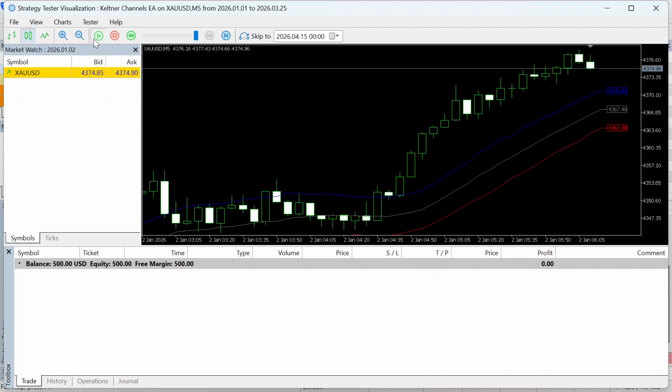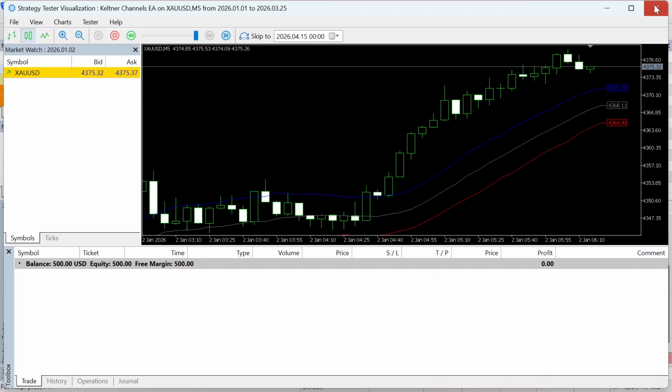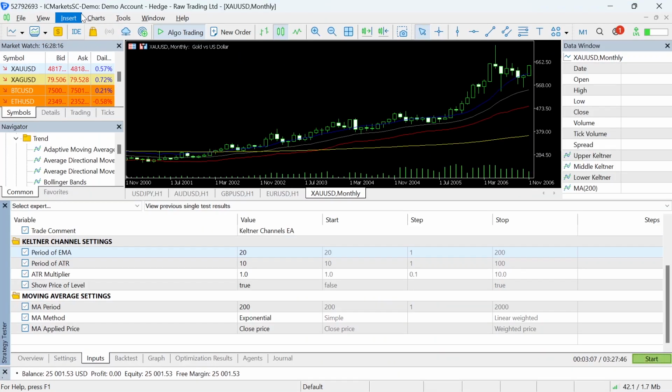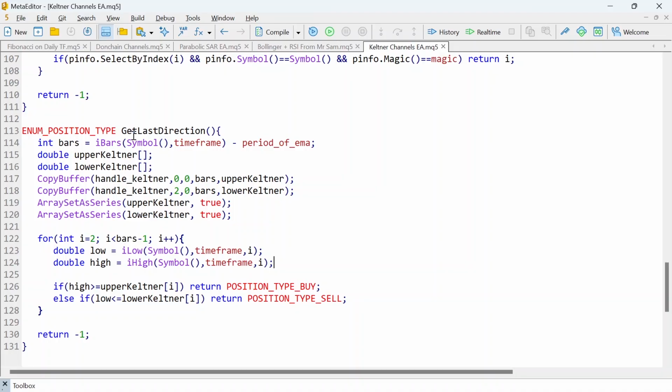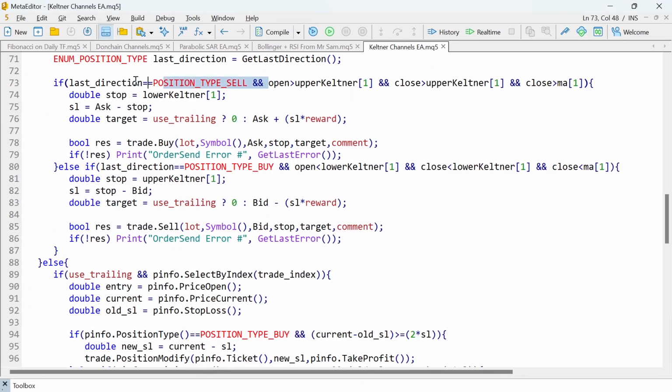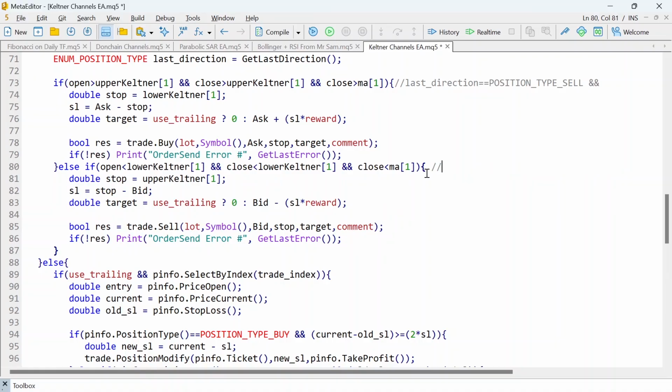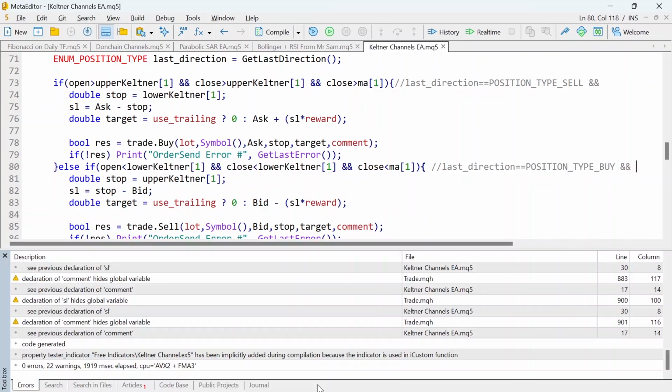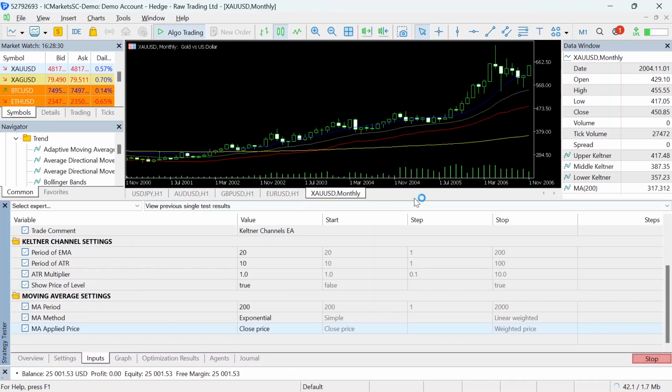You know what? Let's just remove this extra filter. Let's just remove it so that we have a faster entry, and we'll be sticking to the instruction given by the owner of the strategy, which is this, and I'll remove this. So I'll just save and compile. Hopefully the strategy works.